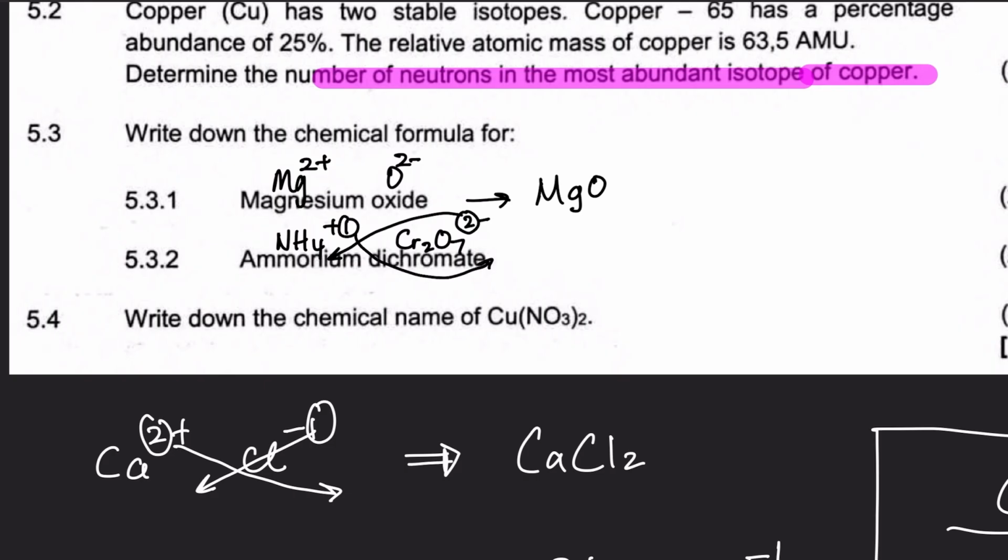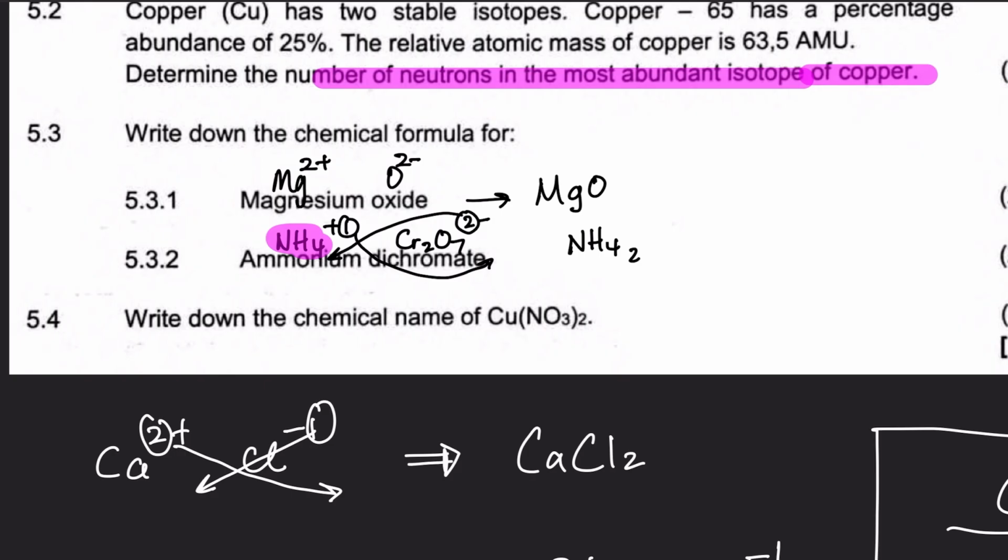Now remember, there is a rule that applies here. When you are cross multiplying like this, and there's a polyatomic ion involved, like there is here, you need to use brackets. So NH4, you can't write NH4 2, because that's incorrect.